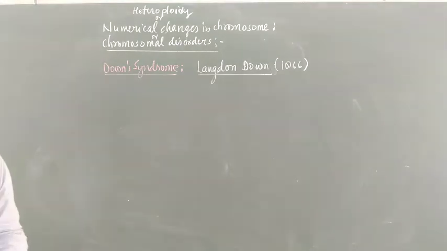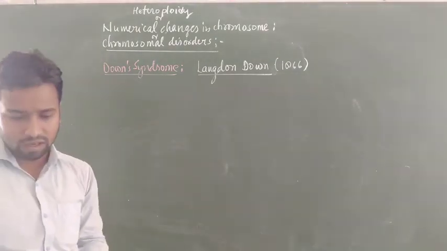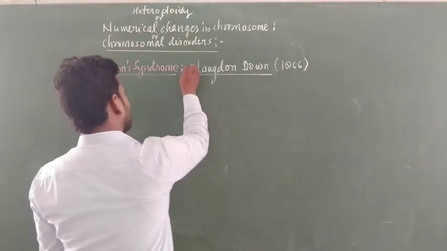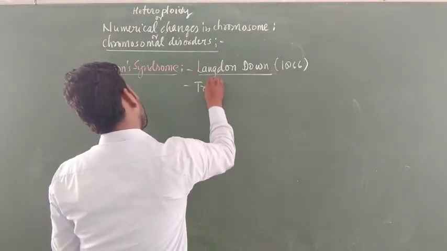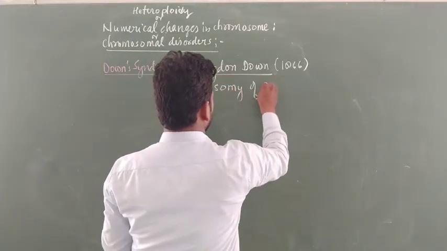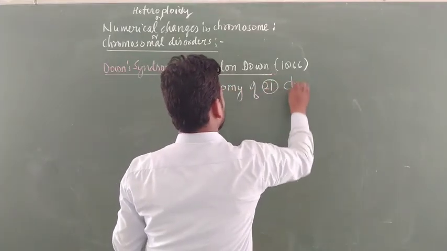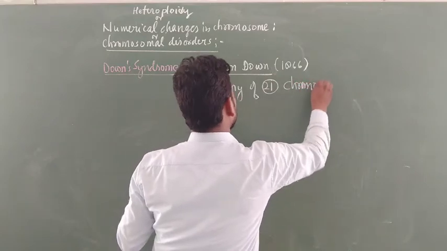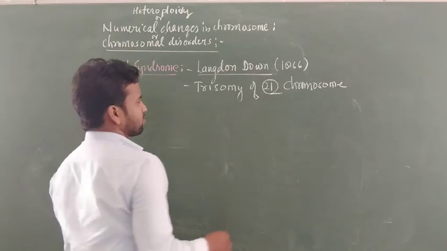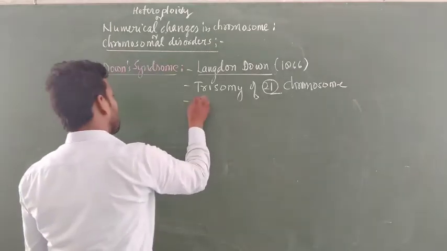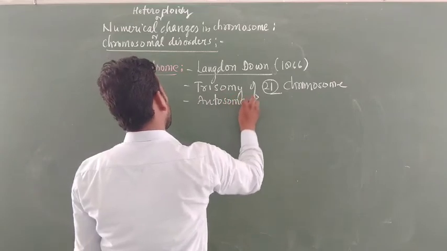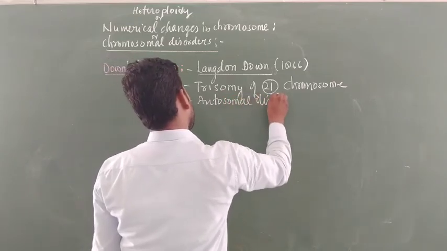This disease is the trisomy of chromosome 21. The 21st chromosome is an autosome, so it is considered under autosomal disorder.